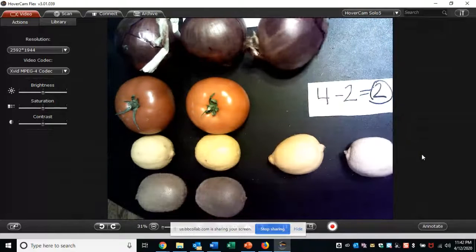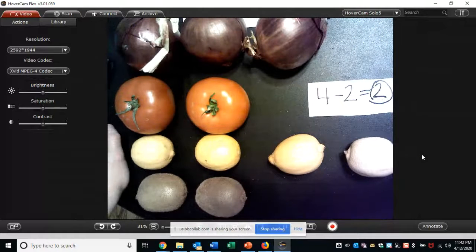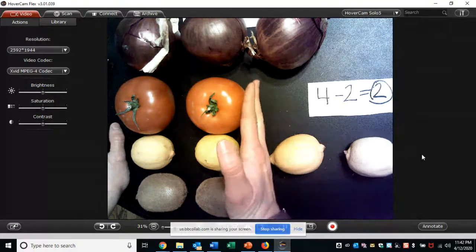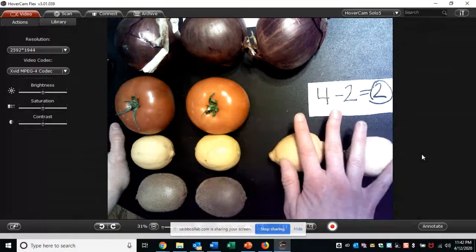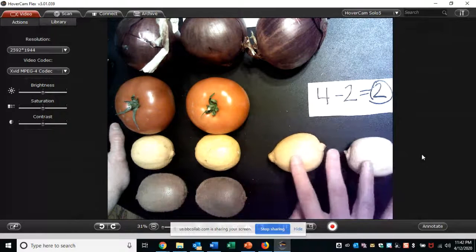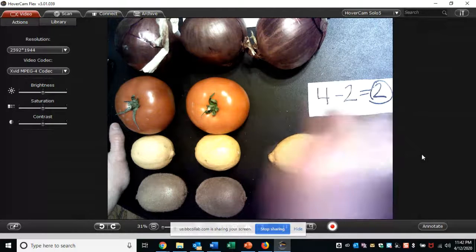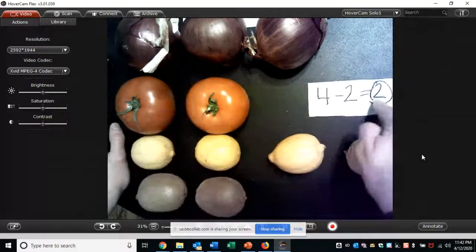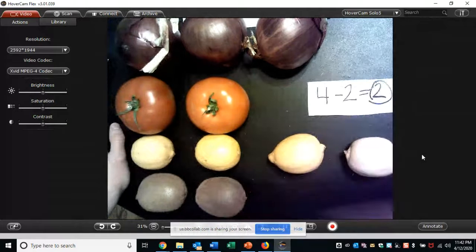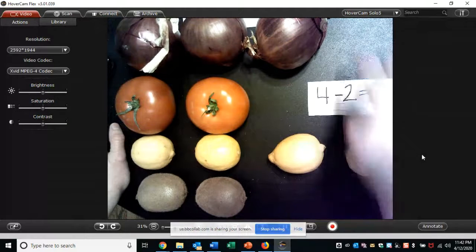So there's a couple different ways to solve these kind of questions. I know they're kind of tricky, the how many more than kind of questions. But it's easy to see on a graph because you can go until they're equal and then see how many left over there are. Or you can take the bigger one and take away the smaller one, and whatever is left is going to tell you the difference.